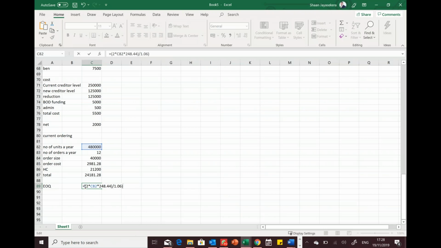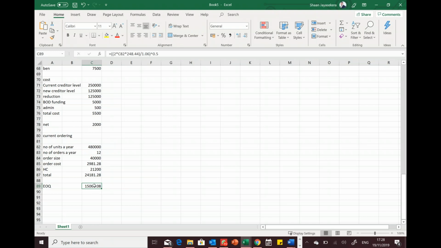I take the square root of that, so that to the power 0.5. So that's my EOQ, roughly about 15,000 units to be ordered.